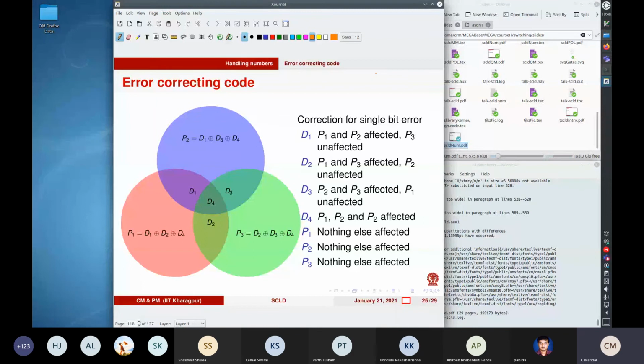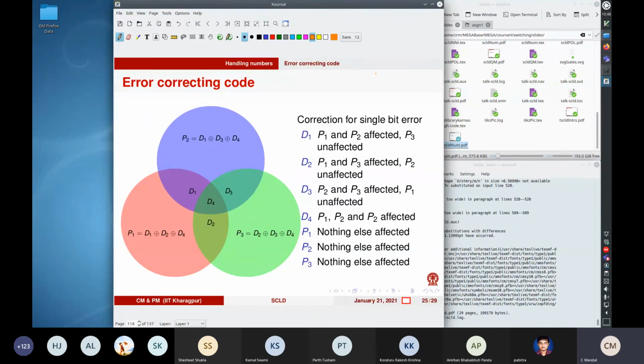So based on this understanding of how these bits get affected, you can then have a decision mechanism to determine exactly which bit. So you are not only understanding that there is an error, but you are able to pinpoint the bit which is in error. So you are more interested in the data bits, of course.